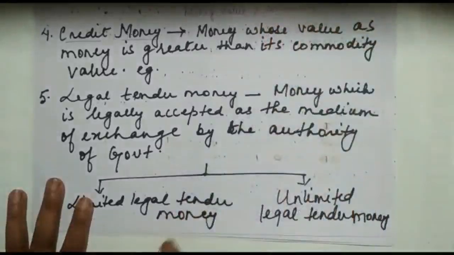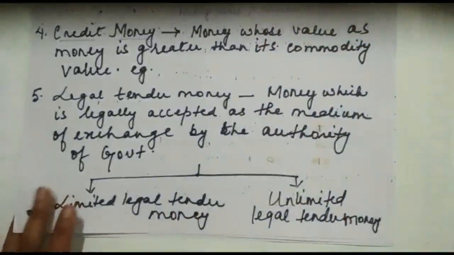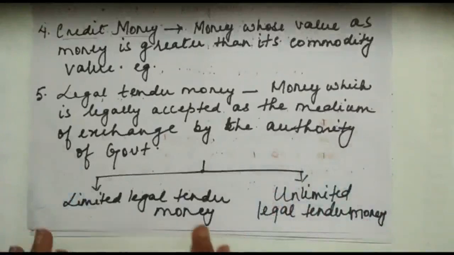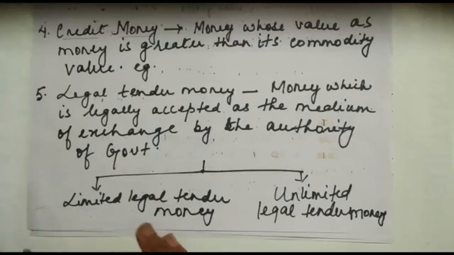For example, the coins which are made right now, the commodity value is much less than the value of money. For example, a 10 rupees coin. The commodity value is less than its money value. That is the meaning of credit money.